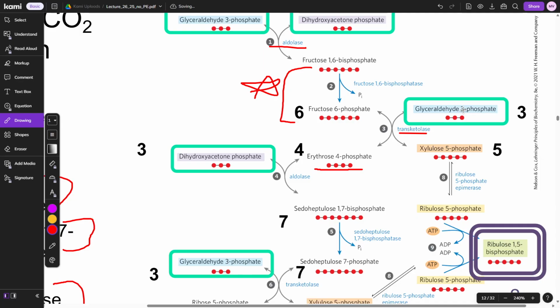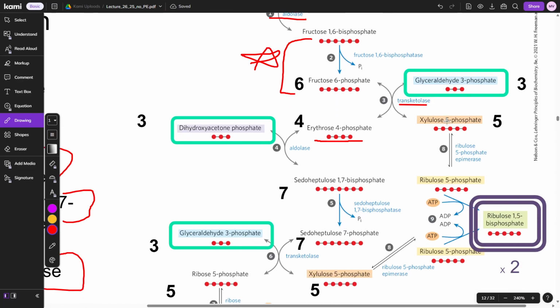Something like that. Right? So with transketolase here, we have a fructose 6-phosphate. We go to erythrose 4-phosphate. Erythrose 4-phosphate is 4 carbons. So we're going to take 2 carbons from this and add them onto glyceraldehyde 3-phosphate, make xylulose 5-phosphate, right? And then from this, we just do ribulose 5-phosphate epimerase, which is just switching one of the chiral centers.